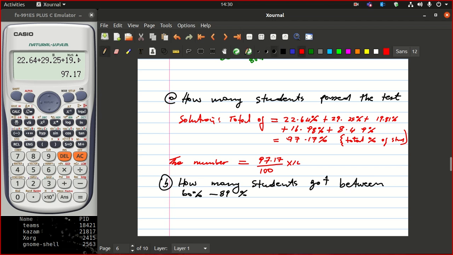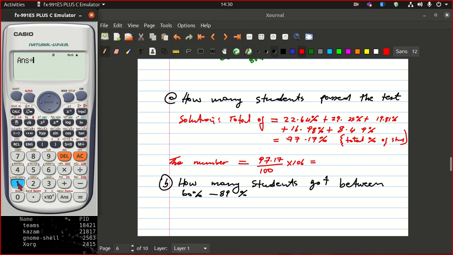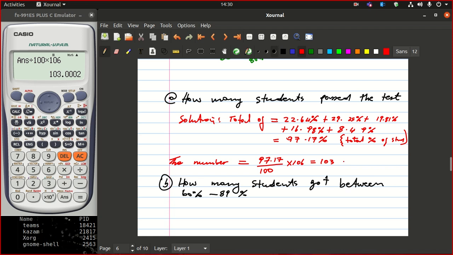Divide this by 100% and multiply this by 106. Okay. So you are actually having a total of 103 students, 103 students who passed the test.